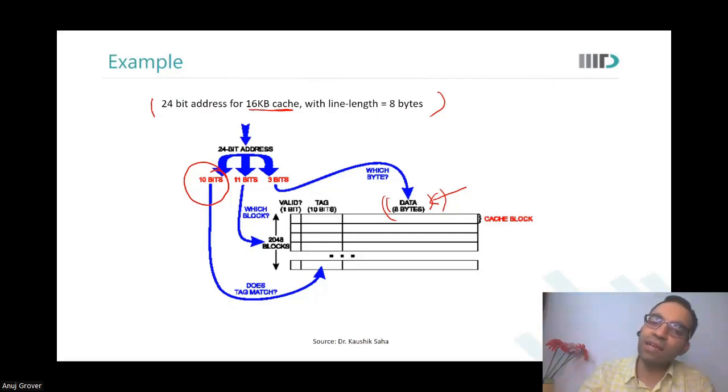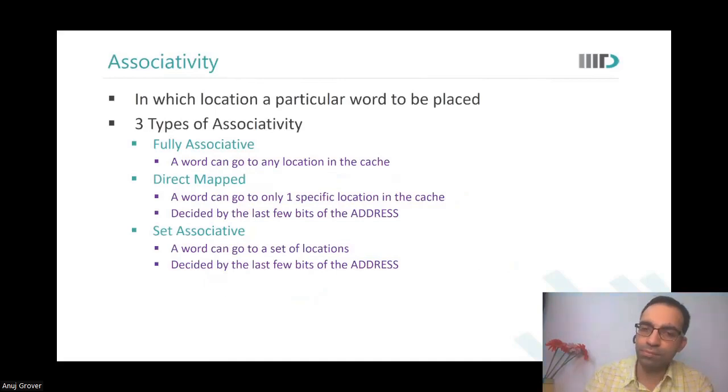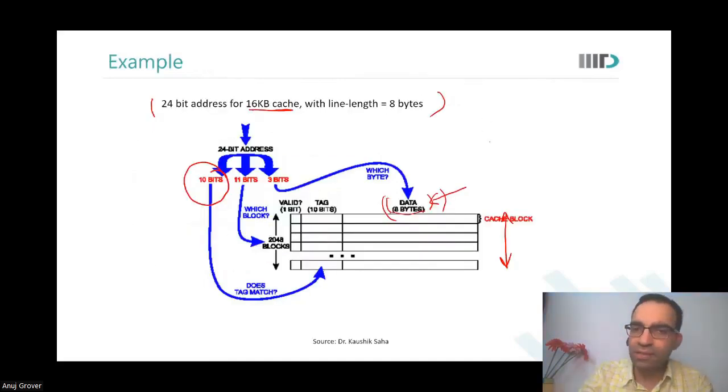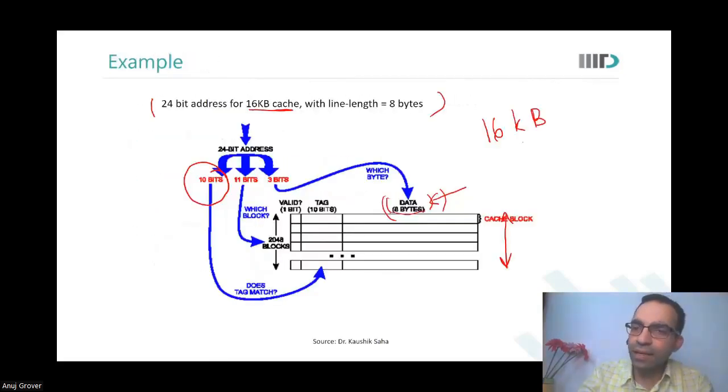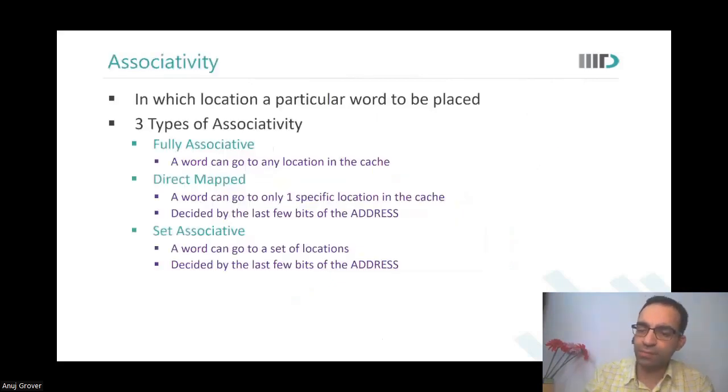If I say that there are 8 bytes per word or per line, how many blocks or how many lines can there be? Total capacity is 16 kilobytes. I said 8 bytes per line.